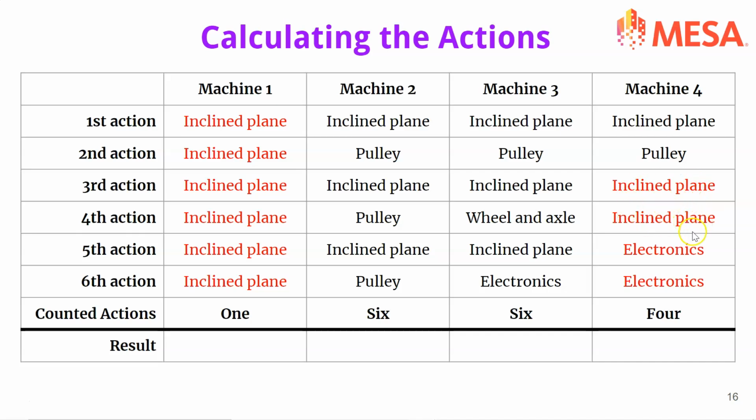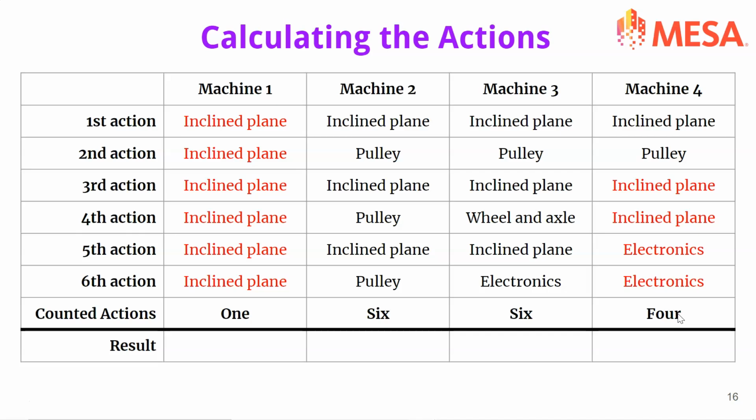And then going to the fifth and sixth actions, because they're exactly the same going from one to the next, 5th and 6th action will also unfortunately only count as one action. So machine number 4 has one action from the plane, one action from the pulley. These two planes count as one action. These two electronics count as one action, for a total of 4 actions for machine number 4.